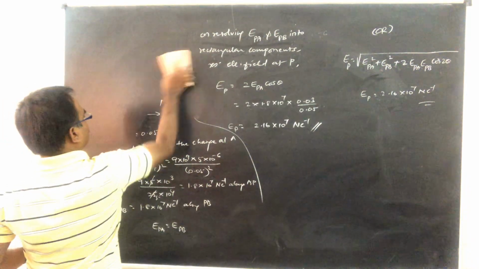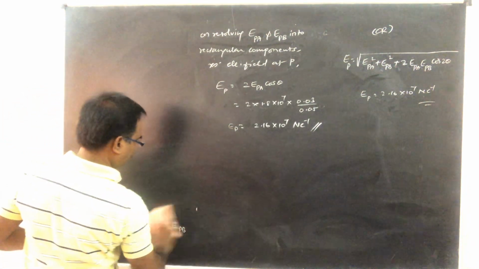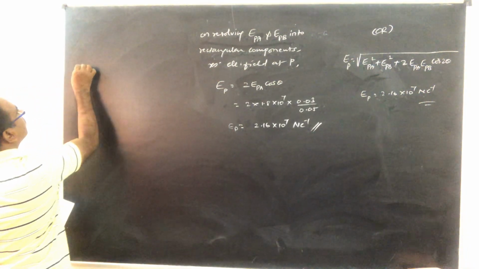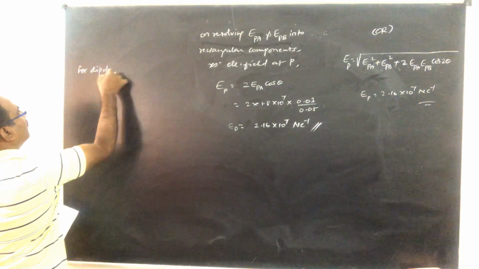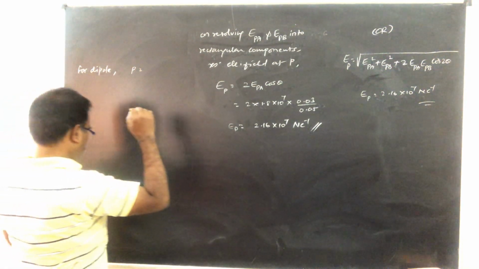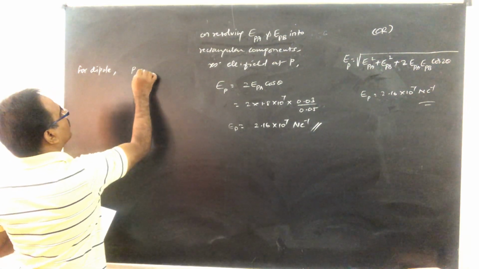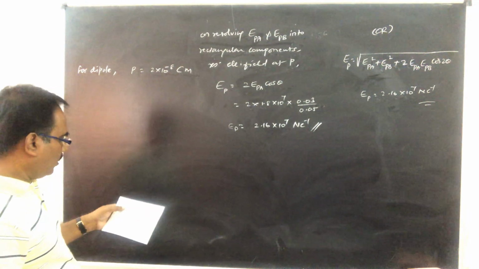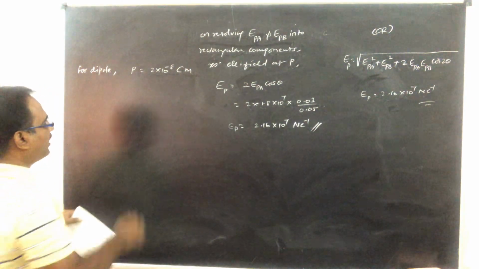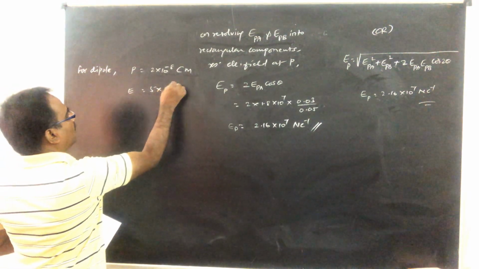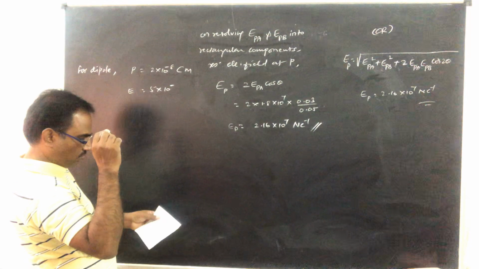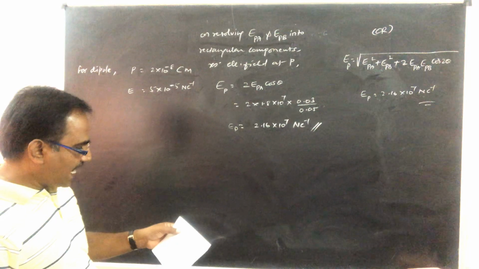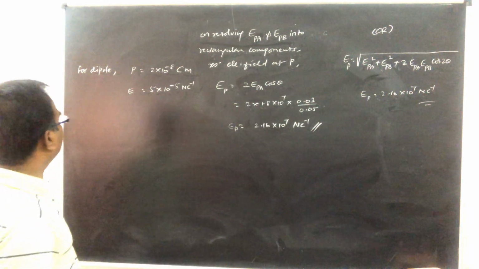Let us look at another problem. An electric dipole of moment 2 into 10 to the power of -8 coulomb meter is placed in an electric field 5 into 10 to the power of -5 Newton per coulomb, with its axis making an angle of 60 degrees perpendicular to the field.